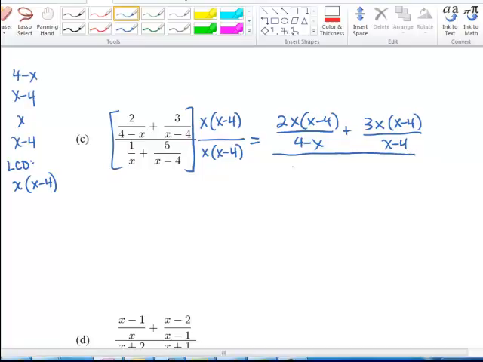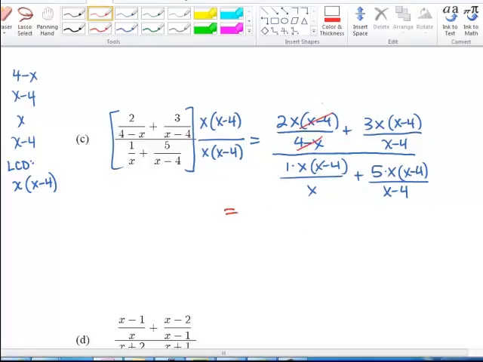And then 1, which we can write or not, times x, x minus 4 over x, 5x, x minus 4 over x minus 4. And again, if you don't want to write that step, that's fine, but then you need to make sure that you get all the pieces right in the next step.